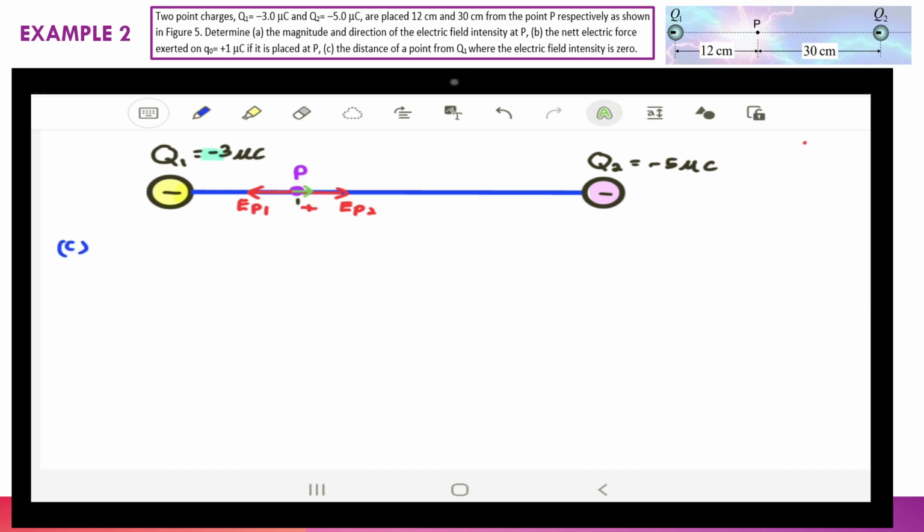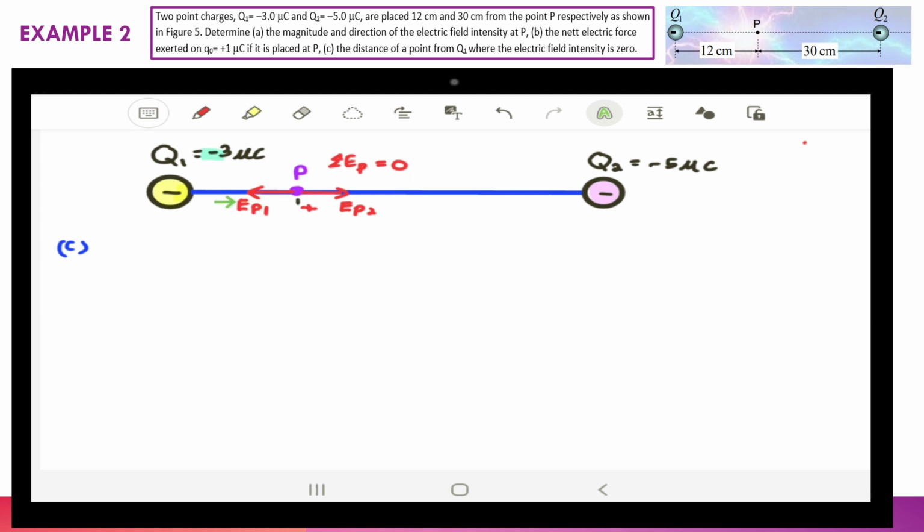So let's say we put a point P from Q1 where the electric field intensity at point P is 0. The question gives us the condition where the net electric field, or the total electric field, at point P is equal to 0. So we want to determine the position of point P from Q1 where the electric field intensity at point P is equal to 0.